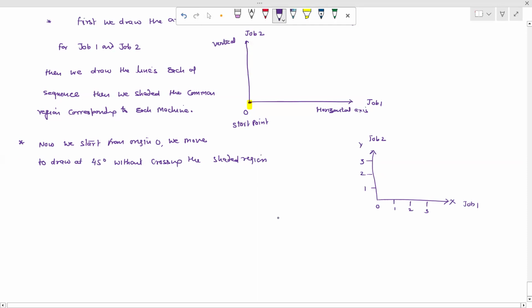When we move at 45 degrees, the intersection points are 1,1, then 2,2, and 3,3. Then we connect these points. This is our 45 degree line, and we see that we do not cross the shaded region here.